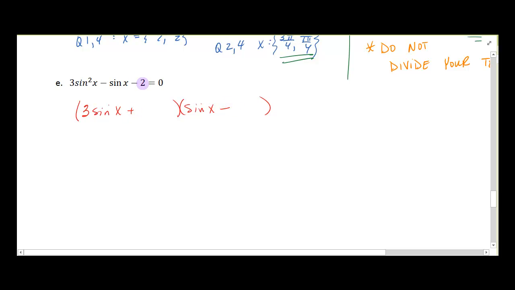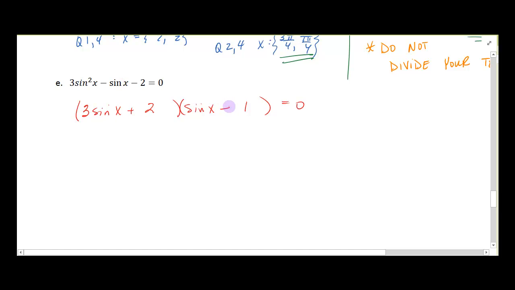And 2. So I'm looking for the factors of 2 that subtract to give me negative 1. So I'm going to put 2 here and a 1 here. So let's check. That gives me negative 3 plus 2, which is negative 1. So I factored this correctly.